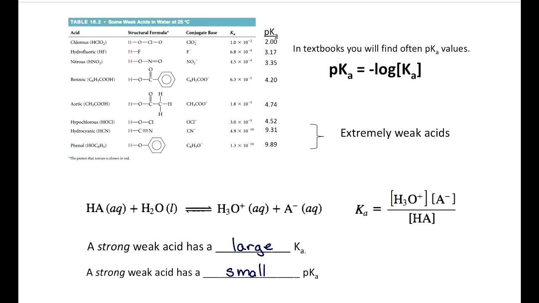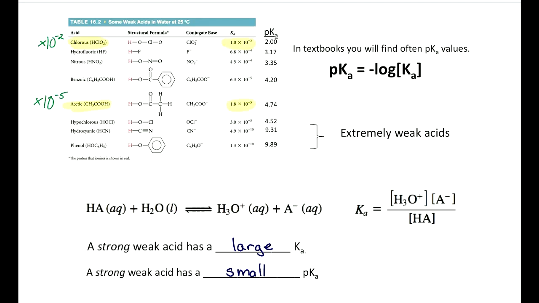So you see here we have chlorous acid is one of the strongest weak acids, and it has a Ka value of times 10 to the -2. So that's a pretty large number versus like acetic acid, what you and I are used to, has a Ka value of 10 to the -5. Right? So if you have a solution of chlorous acid and acetic acid, which one's going to have the lower pH?